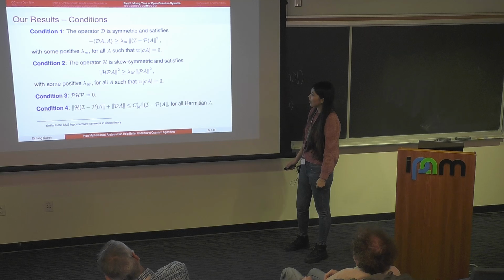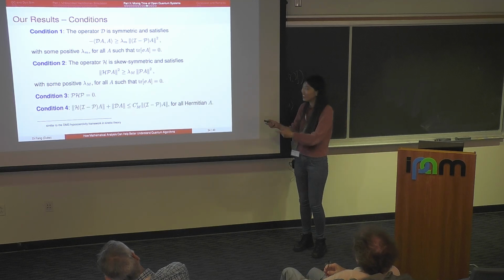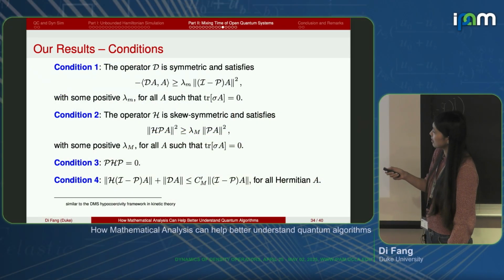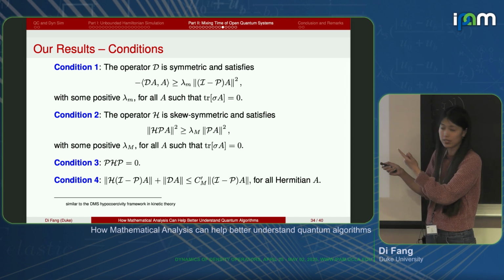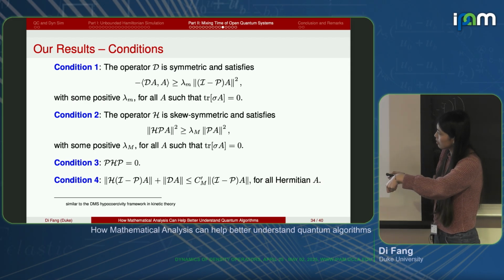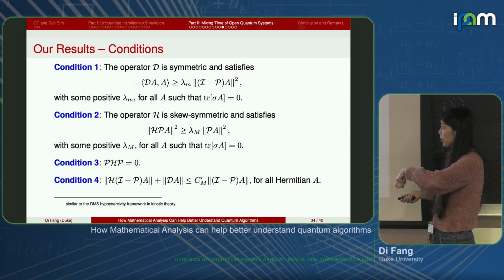Due to time considerations, I will not discuss the details of the conditions. This just says there is a dissipative nature, which also corresponds to hypocoercivity, and then the Hamiltonian needs to stir outside of the kernel. And this constant C_m is associated with the system size, typically polynomial in n.